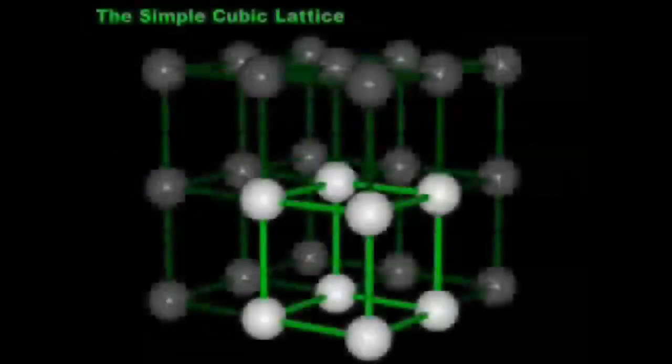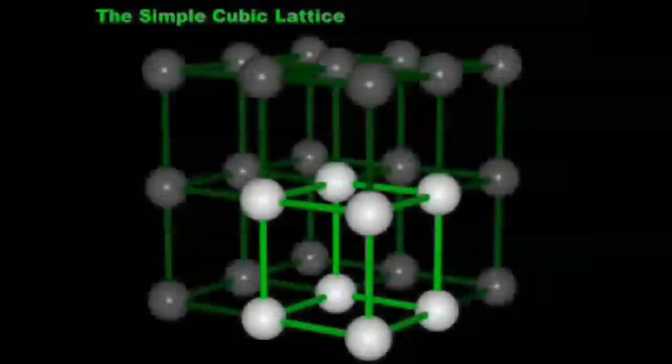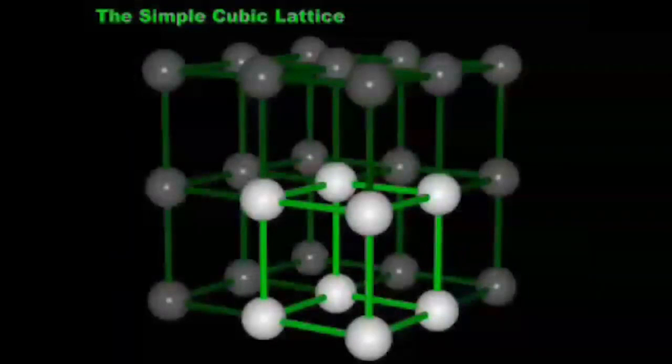Coordination number. Coordination number refers to the number of atoms that touch a given atom inside the lattice structure. We consider the coordination number of a simple cubic lattice first. We have already seen that in the simple cubic lattice, the atoms touch along the edge of the cell.